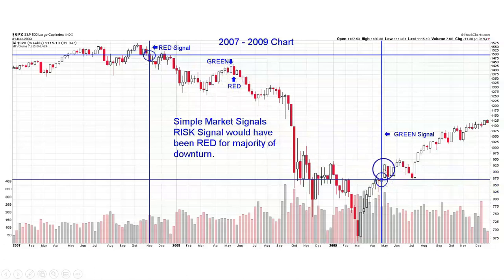So 2 of these types of downturns in the course of a decade, and simple market signals could have helped you really protect yourself and really understand what was going on in the market and set realistic expectations for you in both cases. And when the risk signal turns green, as it did right here, you will know that the likelihood of you making money in equities has substantially increased.